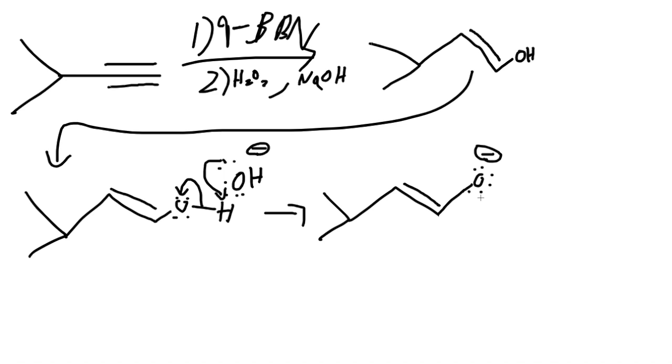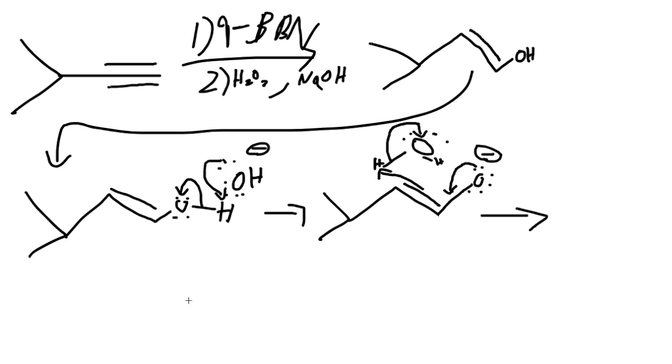Now from this part, all we have to do is bring in the water that we had made. One of the lone pairs from oxygen goes and makes a double bond here, and the double bond that we already have grabs that hydrogen, and one of the electrons of the hydrogen goes to the oxygen, forming an OH minus.